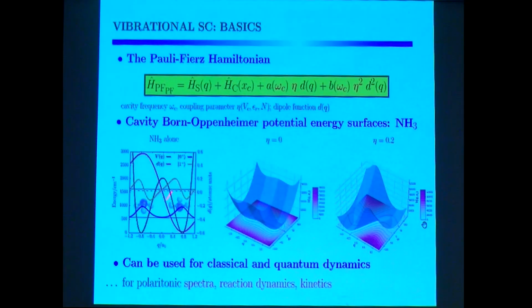So instead of a one-dimensional potential curve, you would now have a two-dimensional potential energy surface. And when you switch on this coupling constant from 0 to some finite value, you get a distorted two-dimensional potential energy surface for which you can do spectroscopy or you can do reaction dynamics.